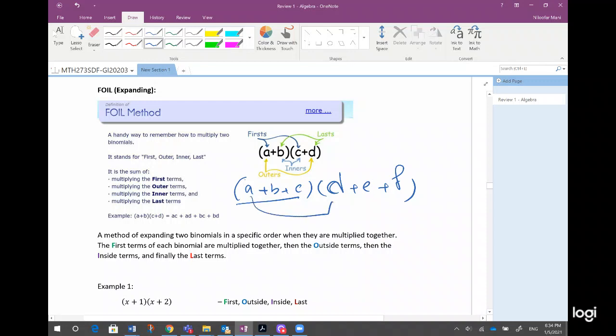I multiply A with all of them, then B with all of them, then C with all of them, and add them at the end. So whatever I give you, even if I give you 10 terms multiplied by 10 terms, or 12 terms, you can do it.